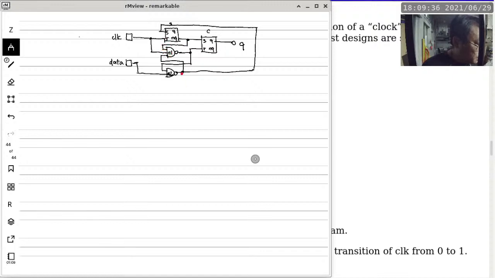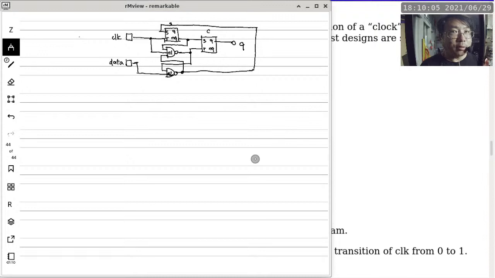And then the output of this N2 is going all the way around to become the input of this SR latch. So the way we analyze this circuit is actually no different from what we have done before. We'll go ahead and make certain assumptions. We'll basically say we do not know exactly what the SR latches S and C are doing right now, so we don't know their states.